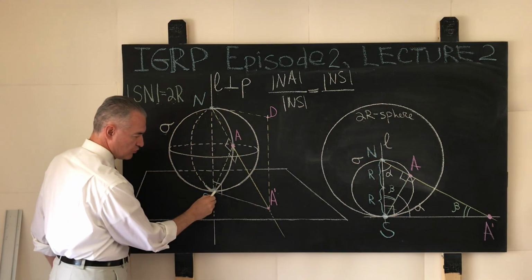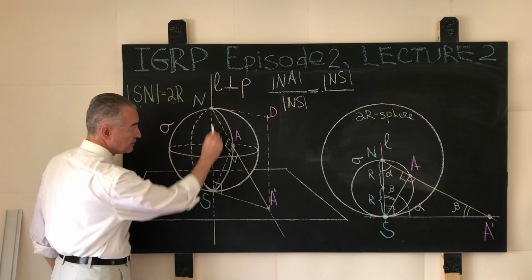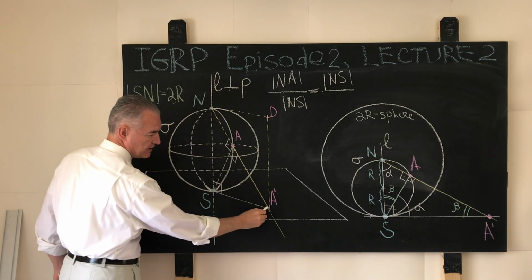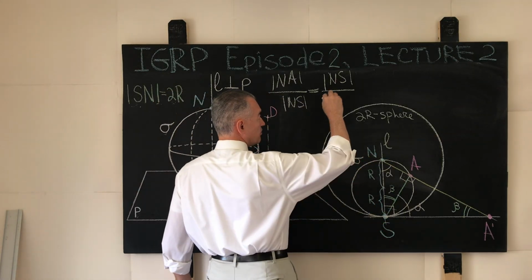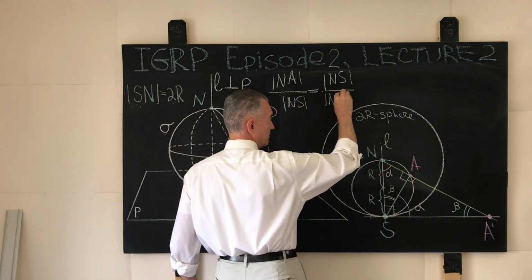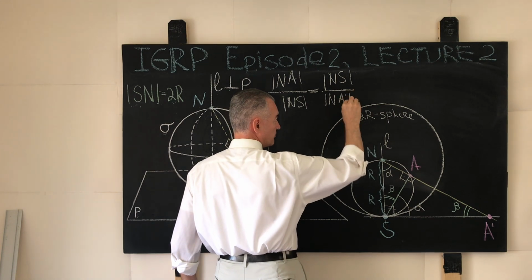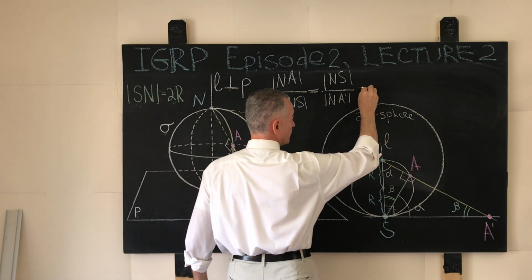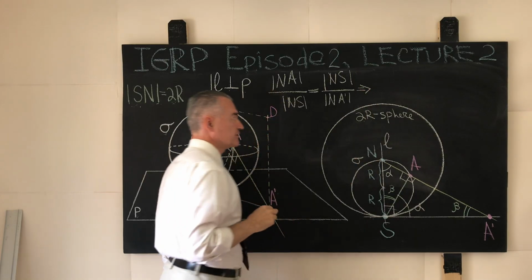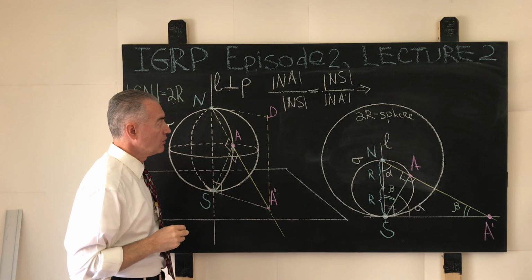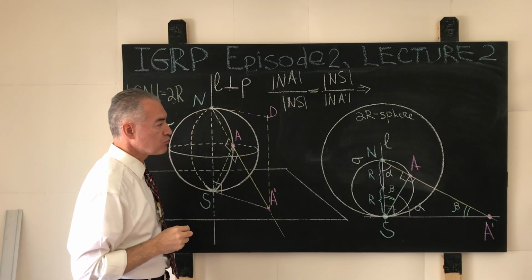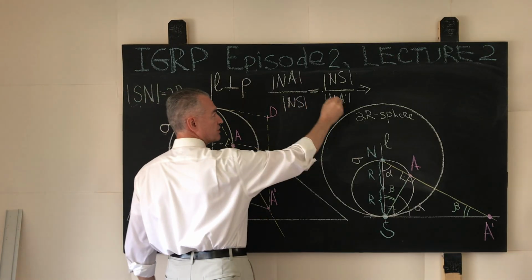Remember, we go back to over here. This is the right angle right here. So this will be divided by the distance NA prime. What does follow from this relation? Well, it follows that the product of the distances, now let's bring these two together.